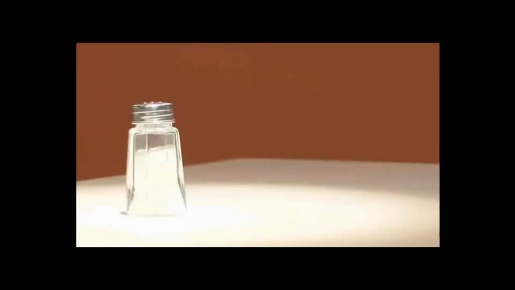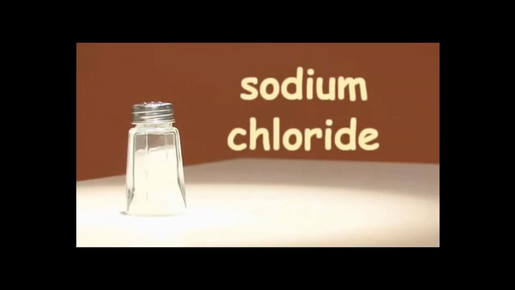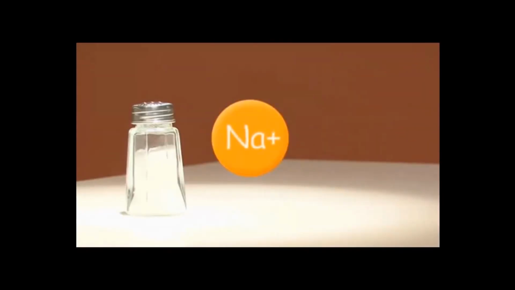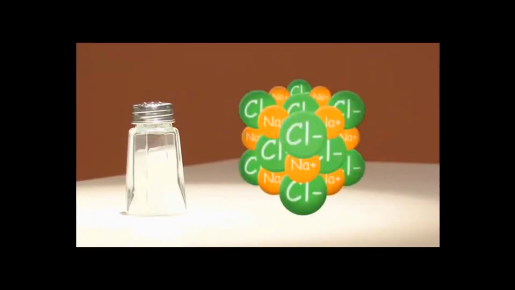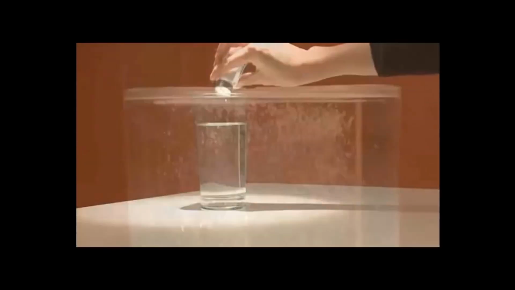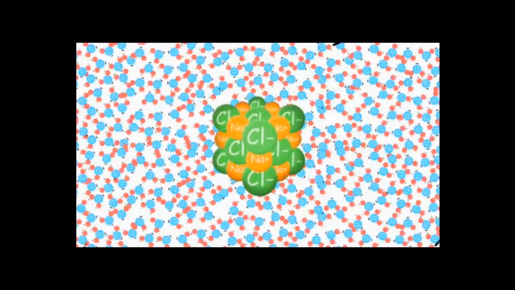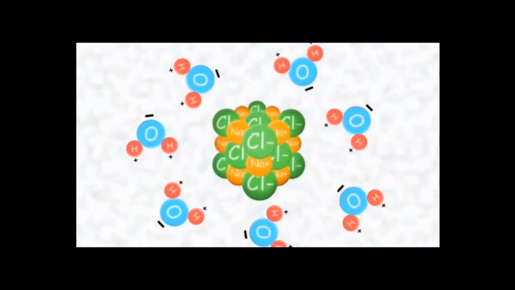How? Take salt or sodium chloride, sodium ions, abbreviated as Na+, and chloride ions, abbreviated as Cl-, in a crystal. As soon as a salt crystal hits the water, it's rushed by a molecular mob of H2O molecules that break it apart, separate the sodium and chloride ions, kind of a chemical divide and conquer.